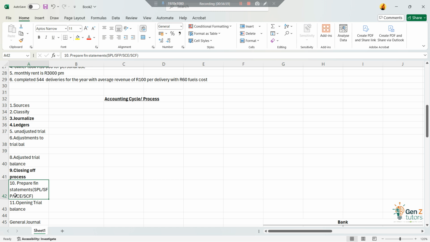The SPL, SFP, and SCE are all prepared using the accrual basis of accounting, which is part of the IFRS principles, right? But now we want to measure the cash that is actually flowing in and out of the company, which means we have to prepare the statement of cash flows on the cash basis of accounting, not the accrual.